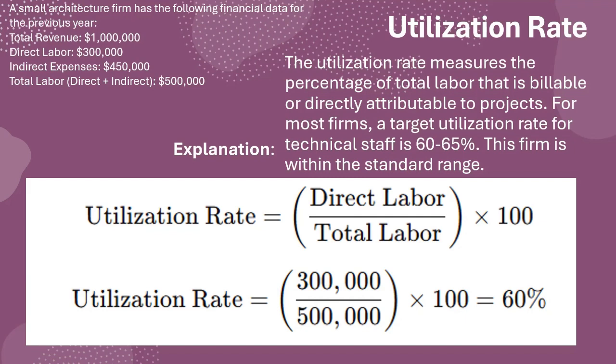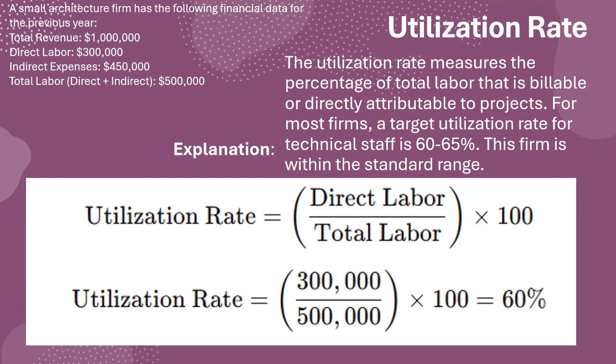So we take the direct labor, which is $300,000, and divide it by $500,000, which is the total labor, and multiply it by 100. So that equals 60%. The utilization rate measures the percentage of total labor that is billable or directly attributable to projects.